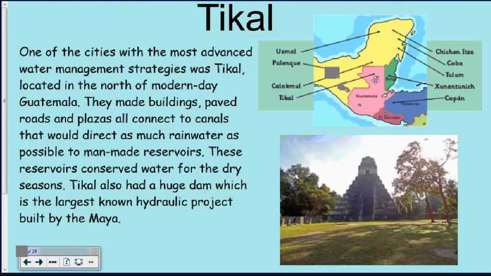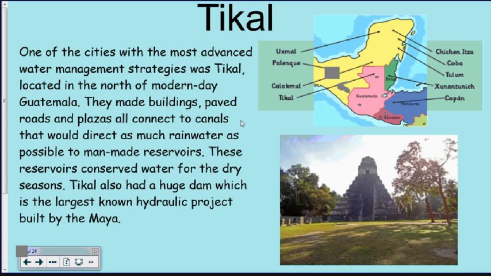Tikal is one of the Maya cities that was situated in the northern part of Guatemala, if you look at this map. And it was one of the cities with the most advanced water management strategies. They made buildings, paved roads and plazas, all connected to canals that would direct as much rainwater as possible to man-made reservoirs.